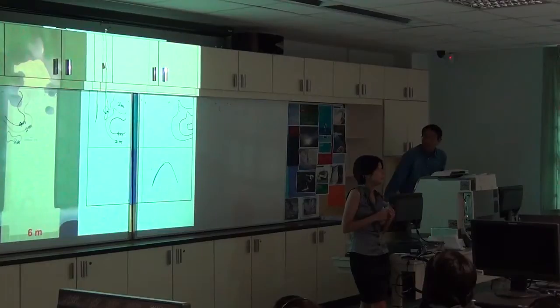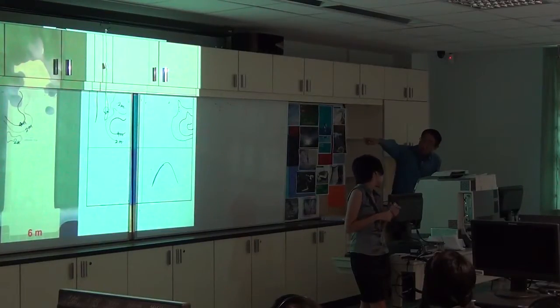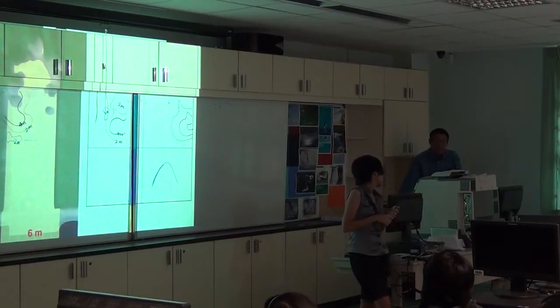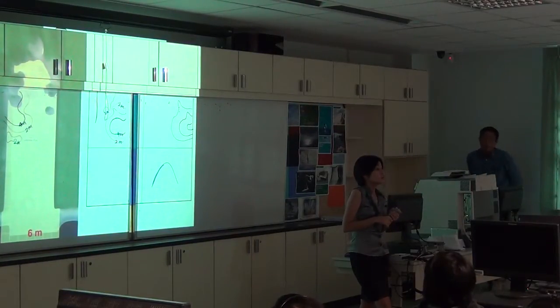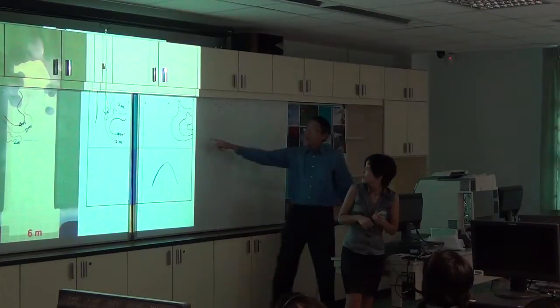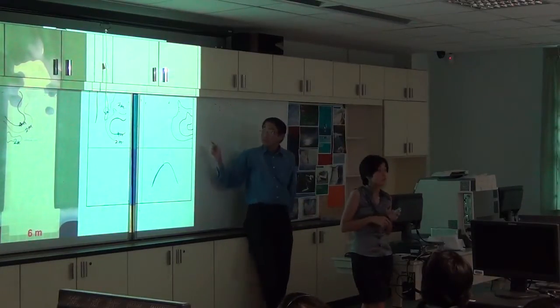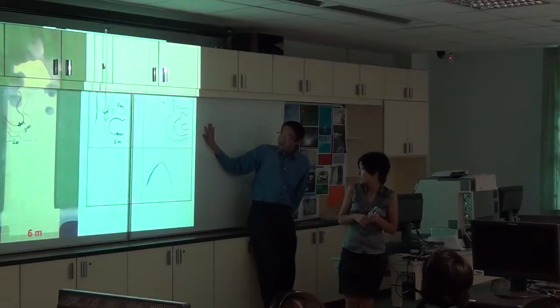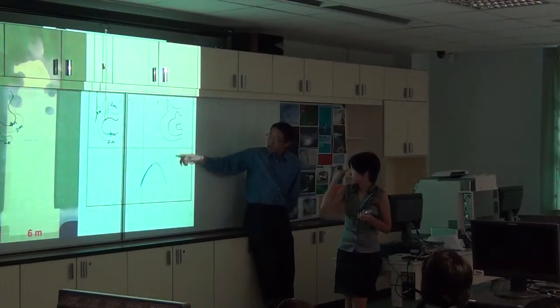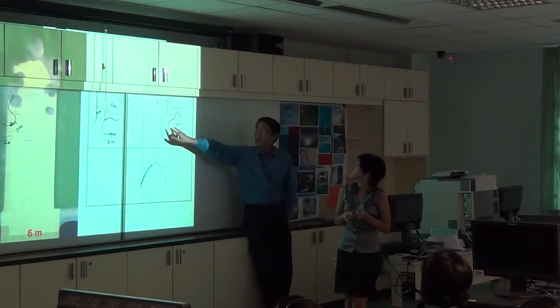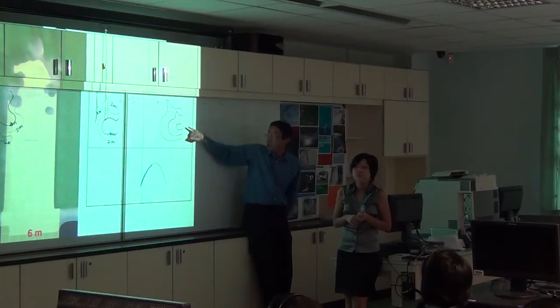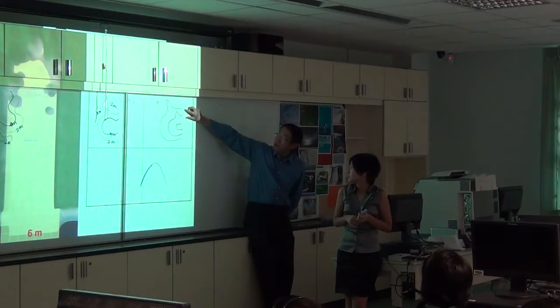So what can we say about the steepness and gentleness of the slopes? What can we say about the steepness and gentleness of the slope? If you compare my diagram with Ms. Lim's diagram, Ms. Lim already pointed out that for my diagram, the spacing is all even.